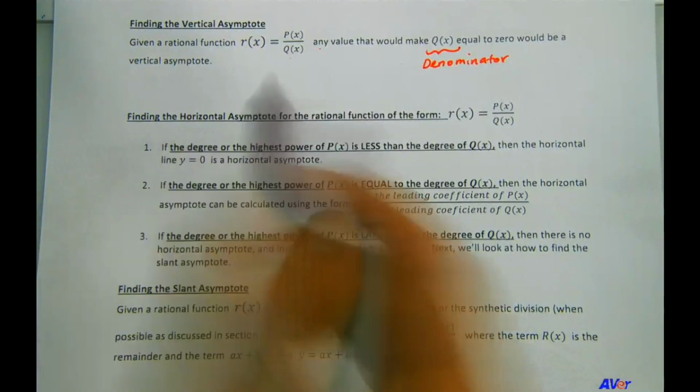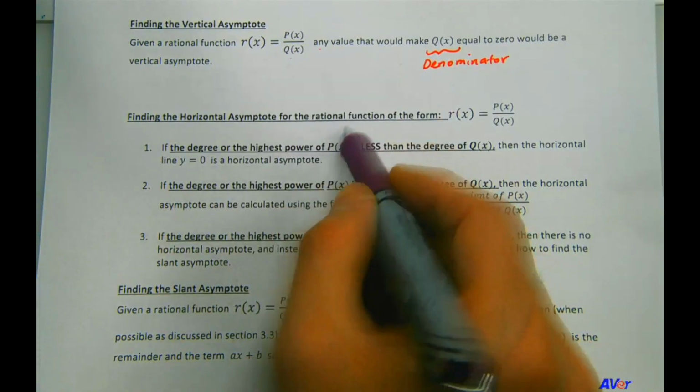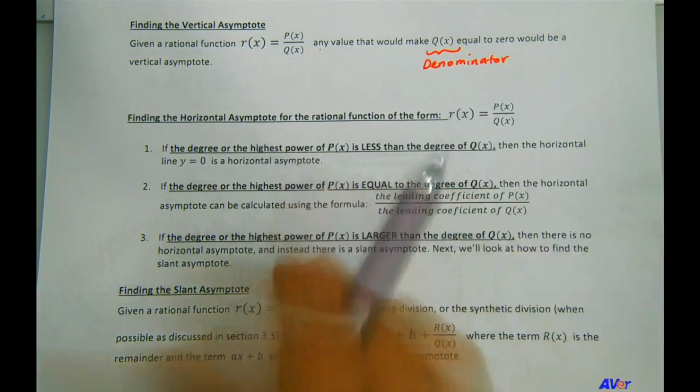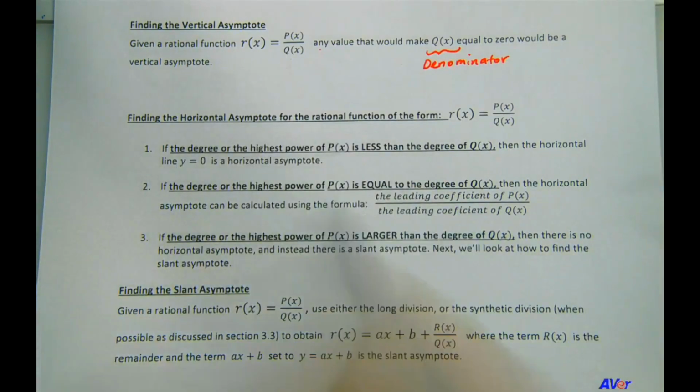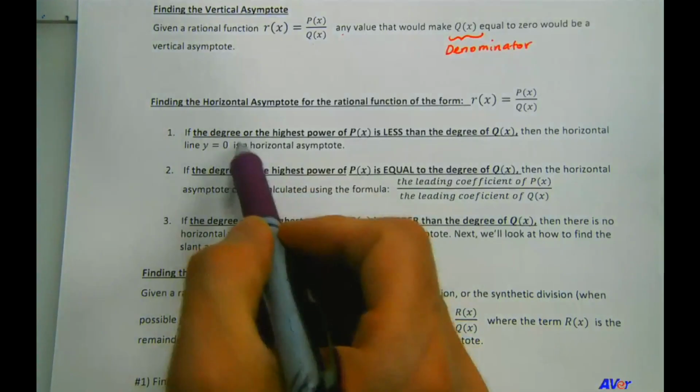The horizontal asymptote: there are 3 cases for finding where it is going to be. Okay? So this is case 1.